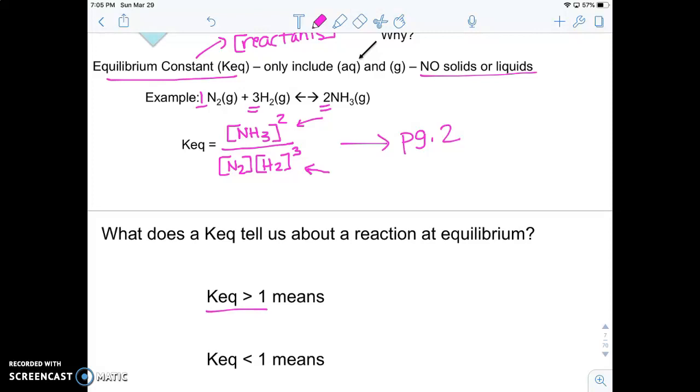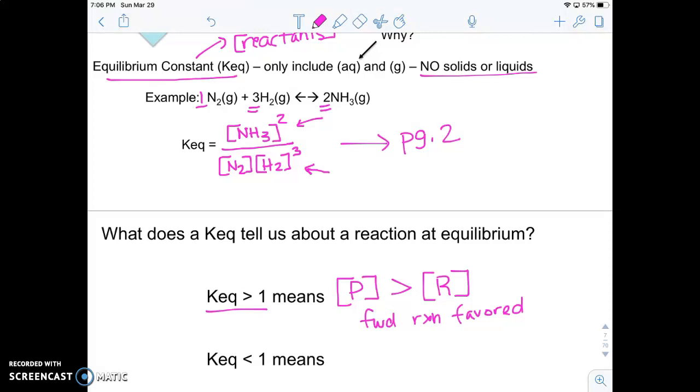My top number is the products, so if your KEQ is greater than 1, that literally just means that the concentration of products is greater than the concentration of reactants. So the forward reaction is favored. It's a little bit easier for that reaction to go in the forward direction.